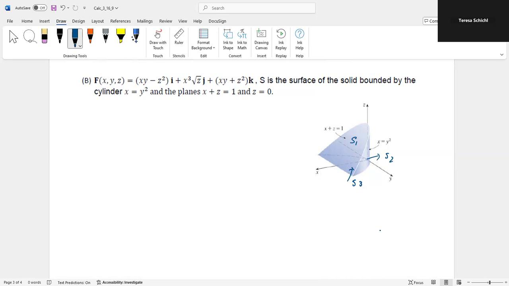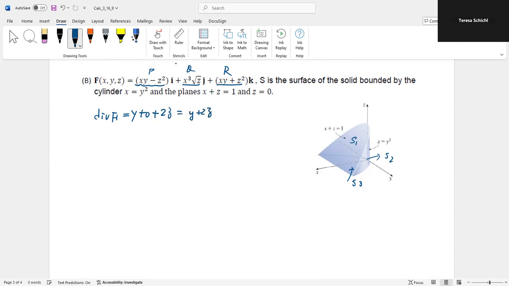So now I think maybe I will use the divergence theorem to simplify the integration here. This is P, this is Q, this is R. So partial P over partial x would be y, partial Q over partial y is 0, partial R over partial z is 2z, right? So the divergence equals y plus 2z.